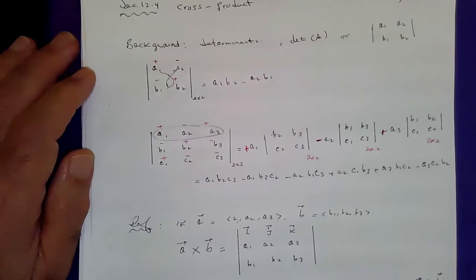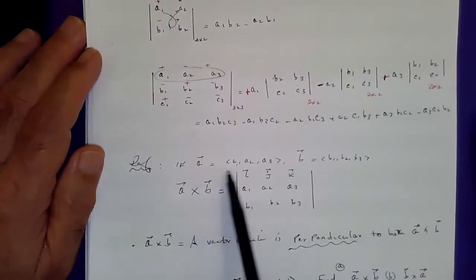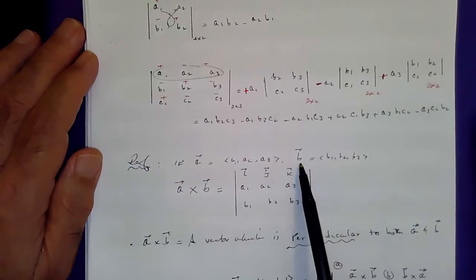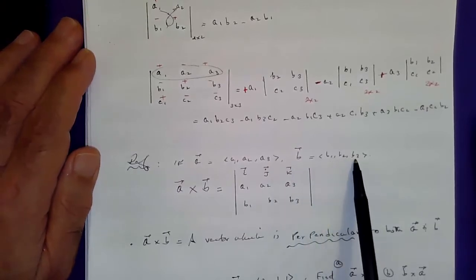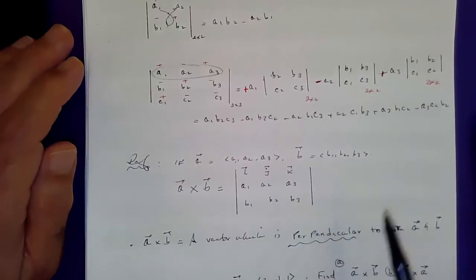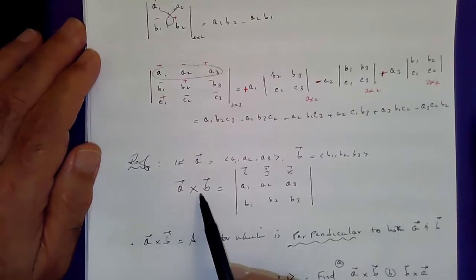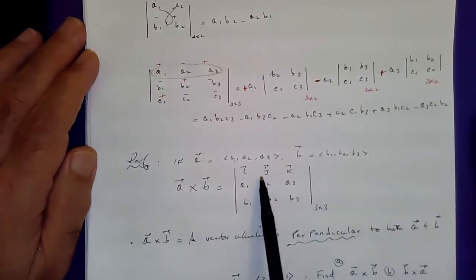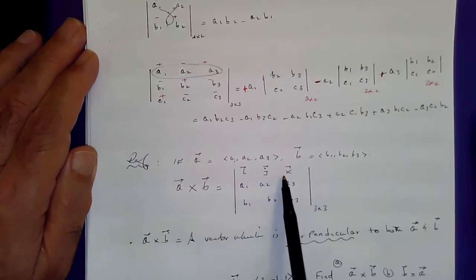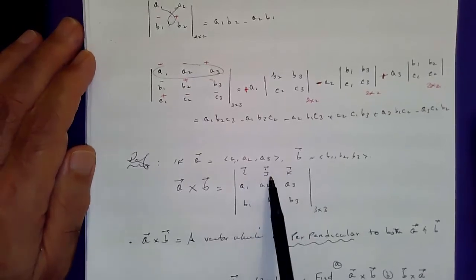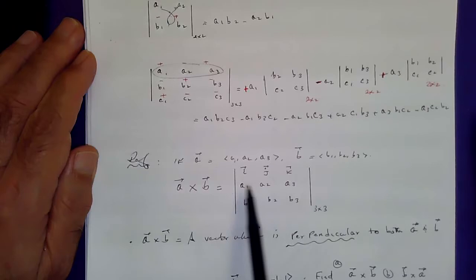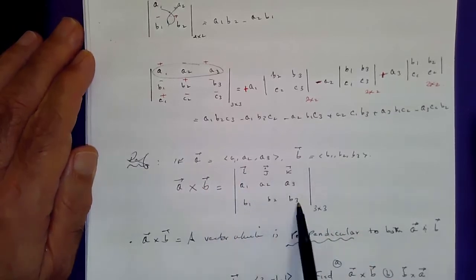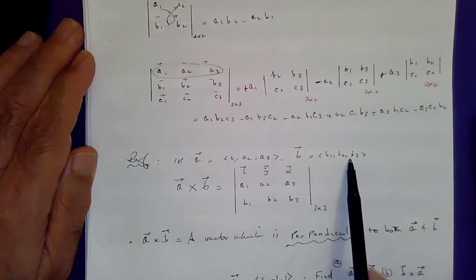So the saga continues till you get to the end, and then lo and behold, this would be the final result. However, the shortcut is: if A is, let's say, A1, A2, A3, and B is B1, B2, B3, then the definition of A cross B is a 3 by 3 matrix in which the first row is always the standard unit vectors I, J, K, the second row is the components of the first vector, and the third row is the components of the second vector.